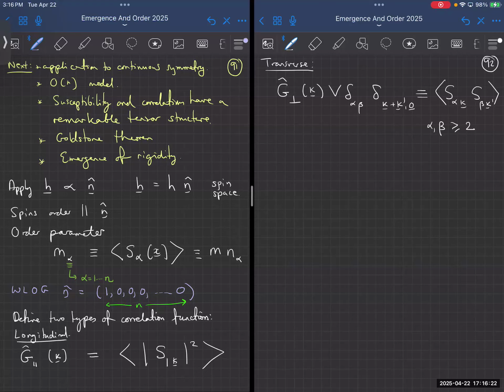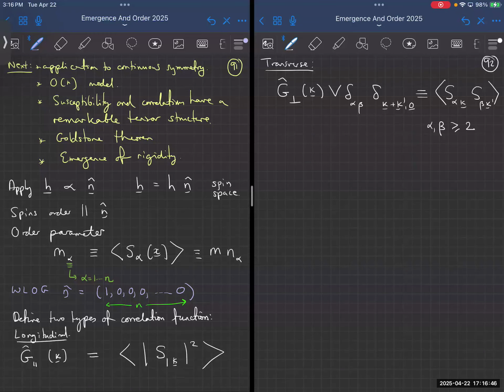So here's the system. Here's my system. I've got my spins. They're all more or less pointing in this direction over here. There's n-1 directions that are perpendicular to this direction. Okay, there's an O(N) model. It's pointing in one direction. All the other n-1 components are orthogonal. I look then at the correlations of those n-1 components that are not in the direction of ordering.